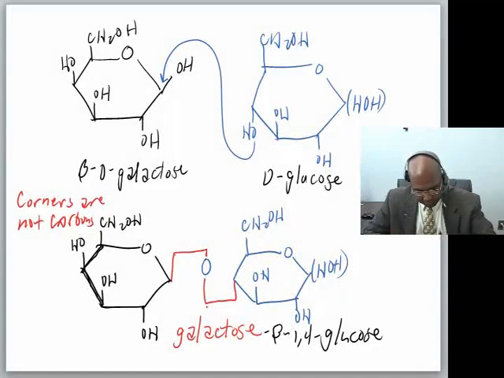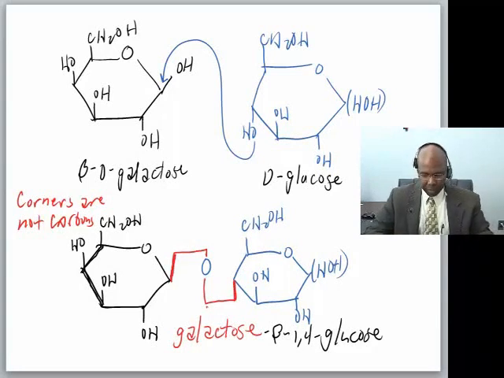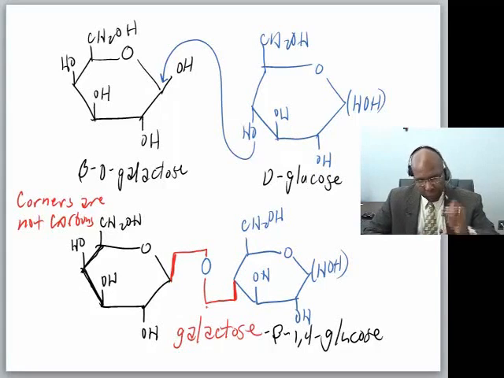And so this just shows you that this bond is going up here, so this is a beta bond, and this 4 is going down so that you will have glucose. And so this is galactose. This is galactose beta 1,4 glucose. Now this is a beta 1,4 linkage.